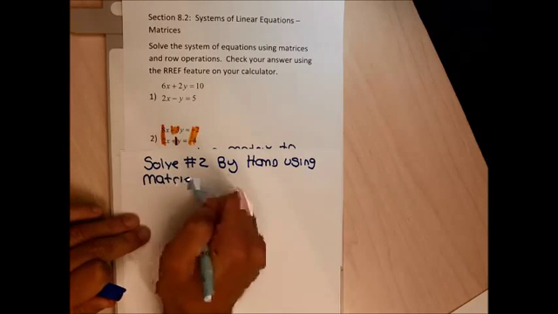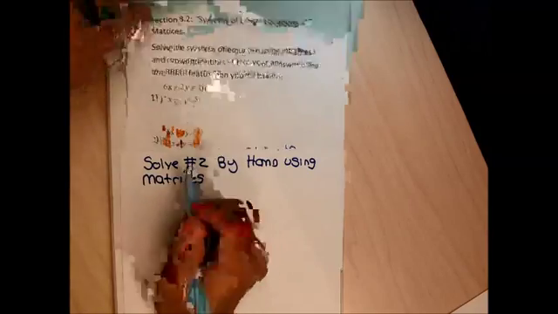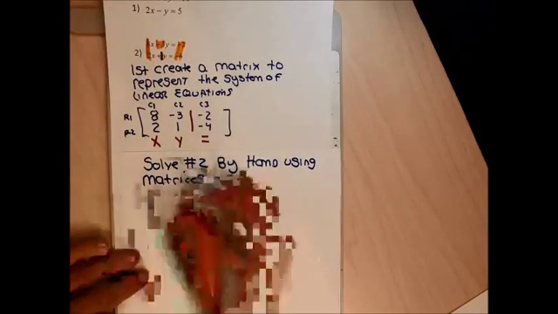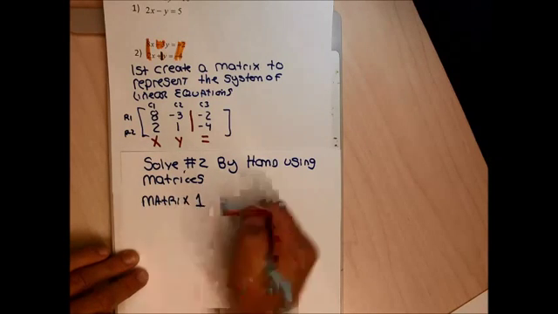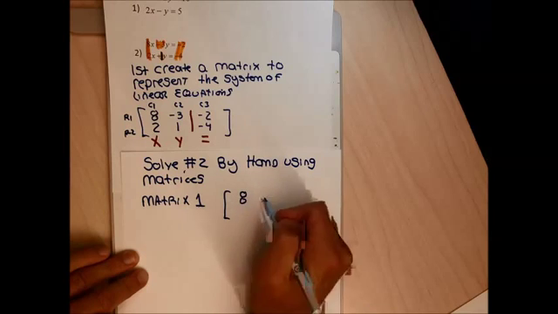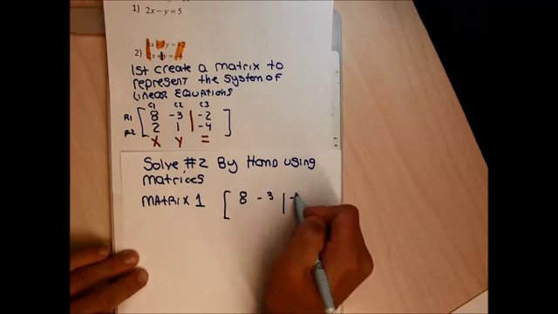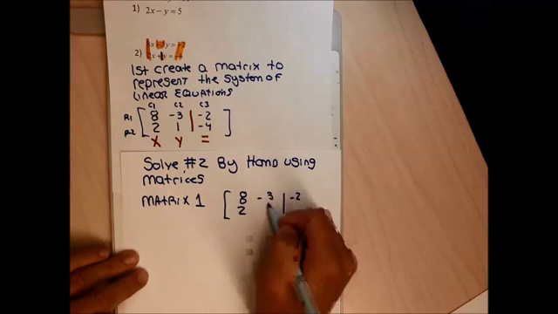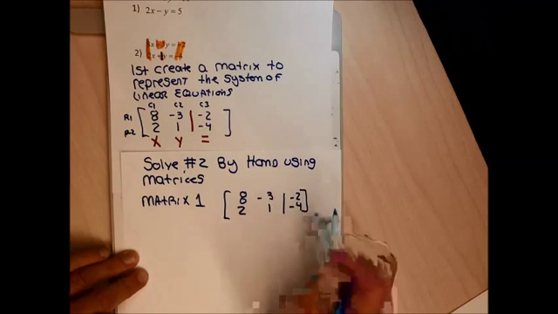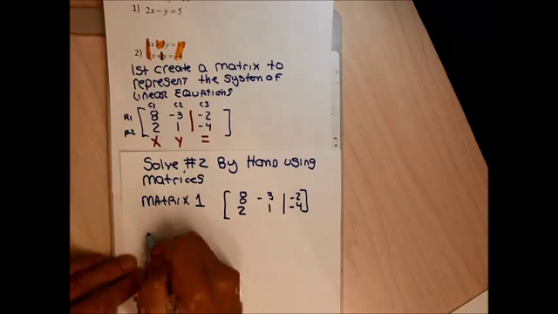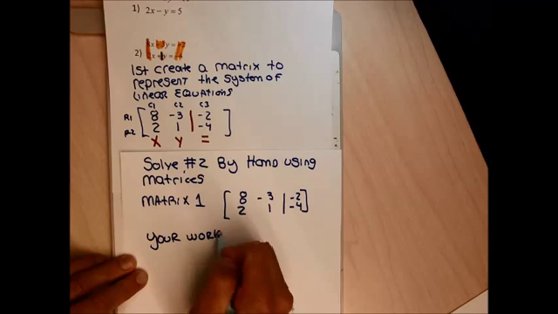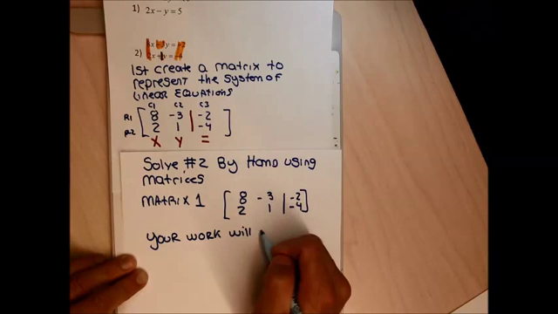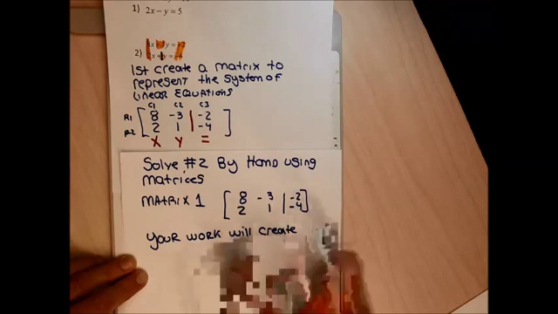And to do this, I'm going to start off with my initial matrix. It's going to be my matrix 1. That was 8, -3, -2, 2, 1, -4. And very specifically, you should have your work create 2 more matrices.